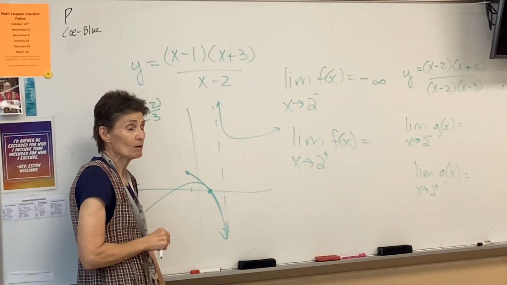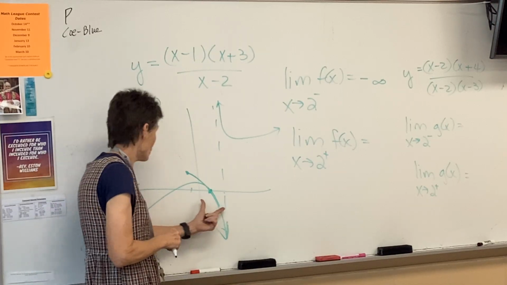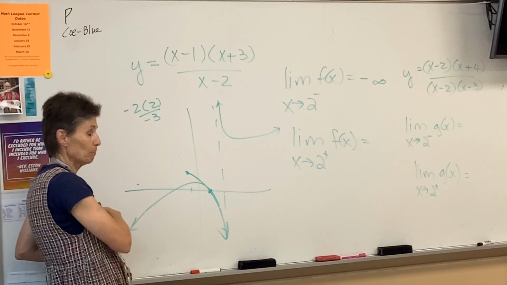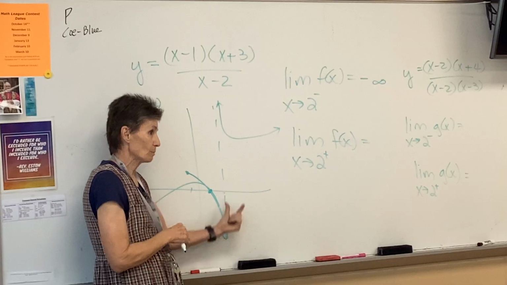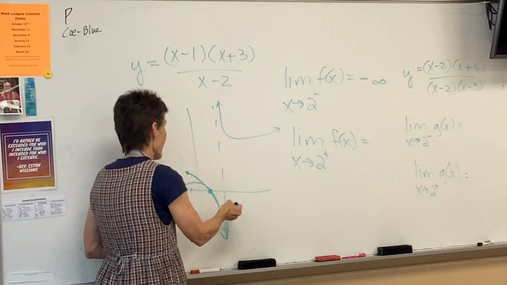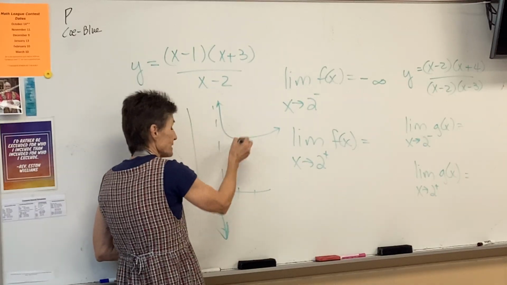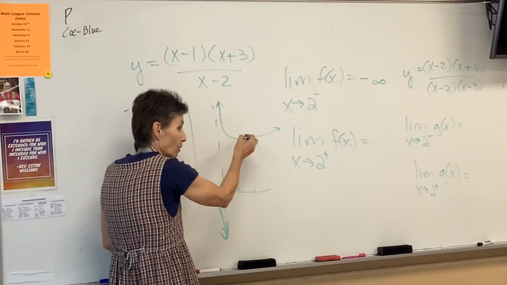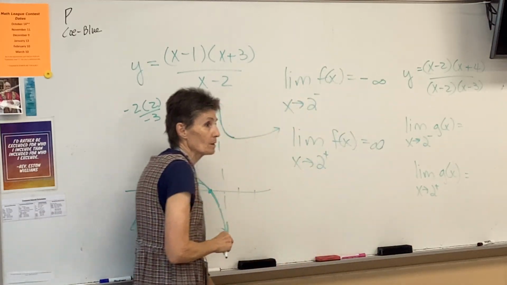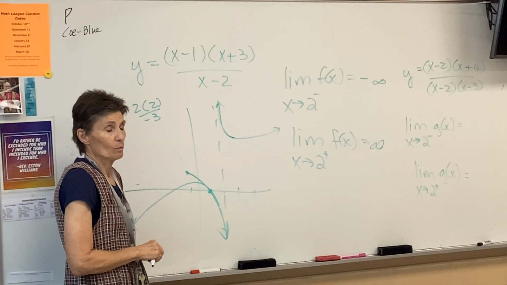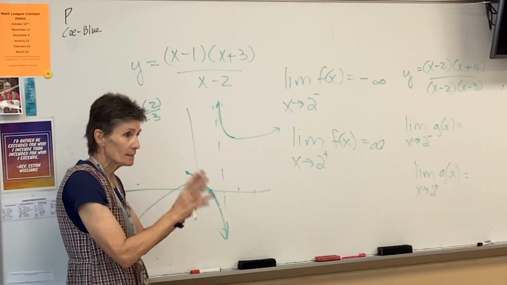Now, you have to be careful when you're plotting points. You want to stay close to the asymptote. You don't want to be coming clear out here and plotting points clear out here, because we want to know what is happening right here. And then on the right side, if you would have plugged in 3 and 4, you would have seen it coming down, which means as it goes this way, it is going up. Alright? So let's not be lazy and let's not be chickens. Let's jump in and do it.